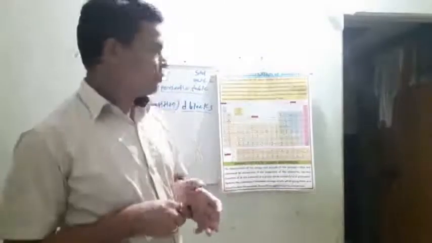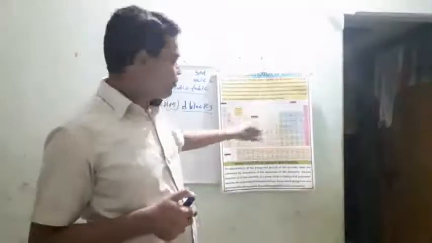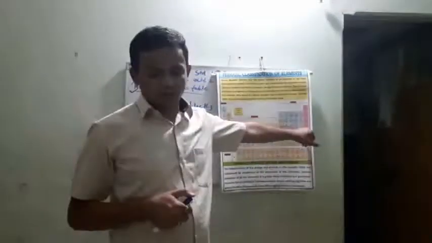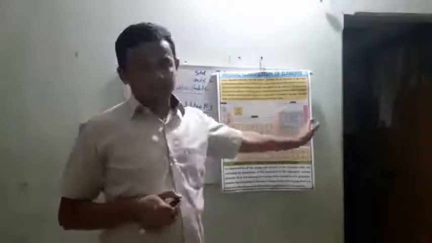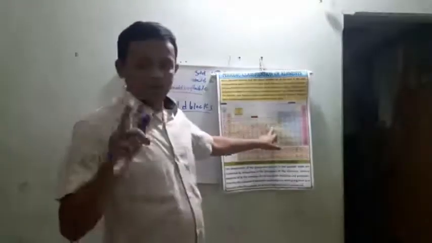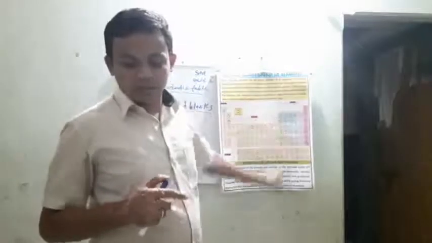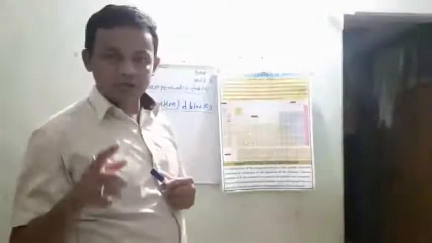Why are they known as transition elements? See, if you observe the modern periodic table, from the S block to the P block, that is from left side to right side, the metallic properties of elements decrease. That is, the characters of the metals decrease from left to right.